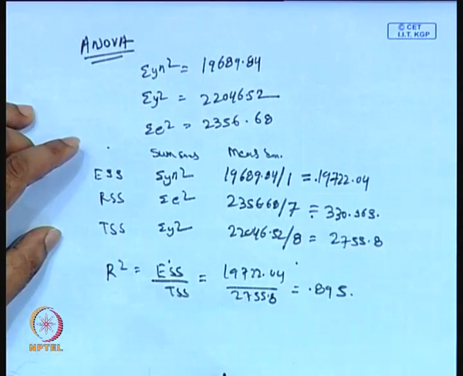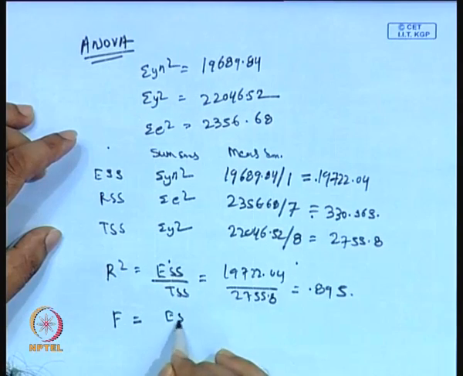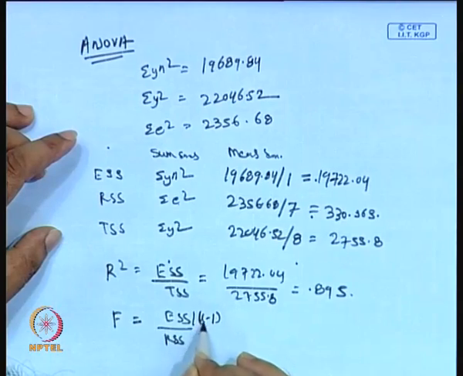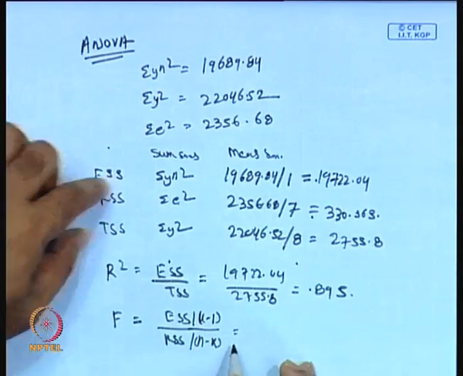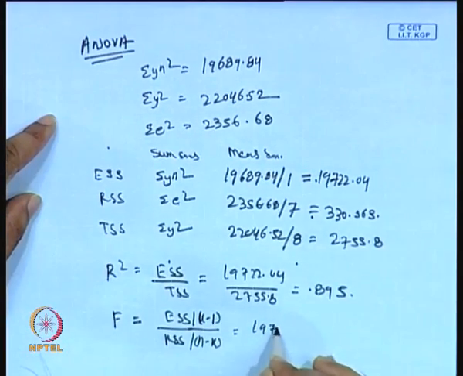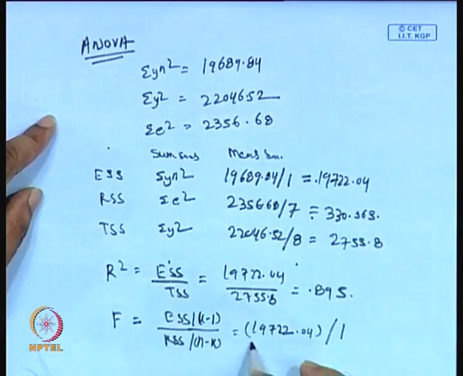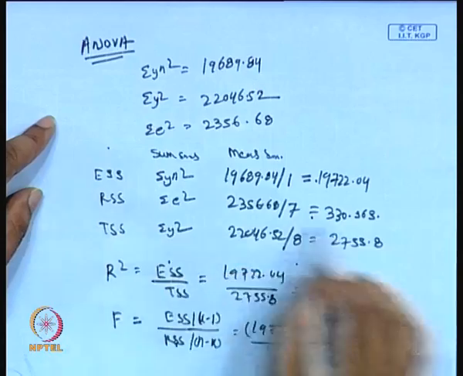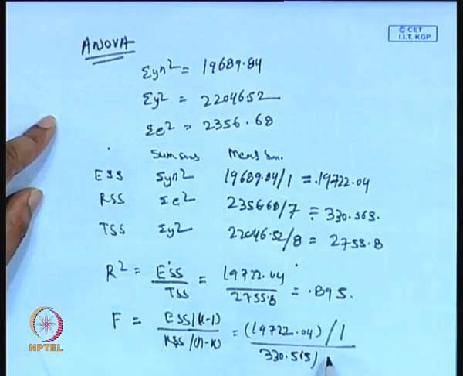Now we have to calculate the F statistic. F is the ratio between ESS and RSS, with degrees of freedom k minus 1 and n minus k. So, ESS is 19722.04 divided by degrees of freedom 1, and RSS is 330.565 divided by 7.